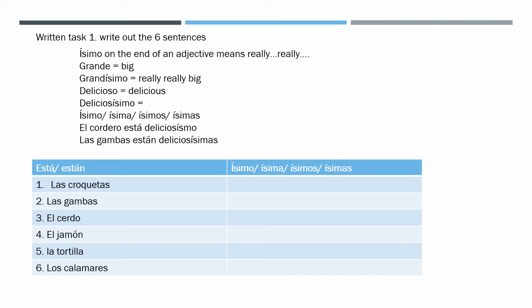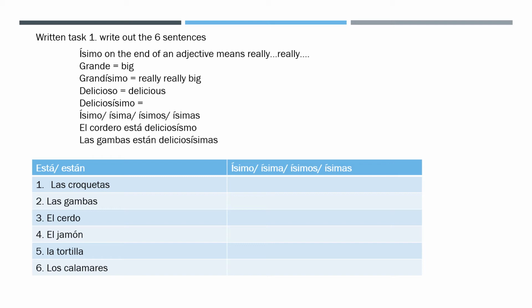And if it's feminine plural, so chuletas, or we'll pick another example, the croquettes or the prawns, my favorite, gambas would be deliciosísimas.